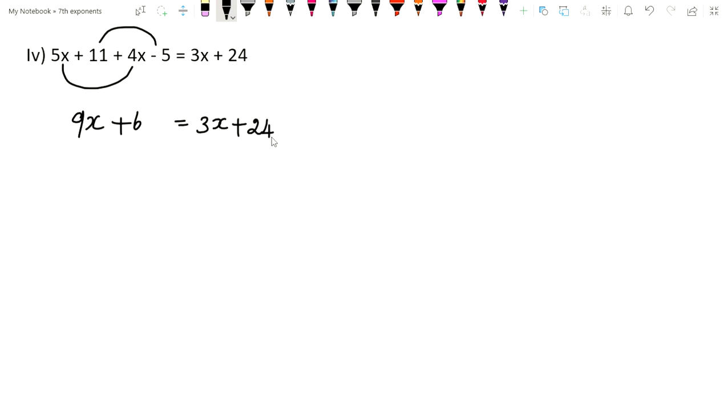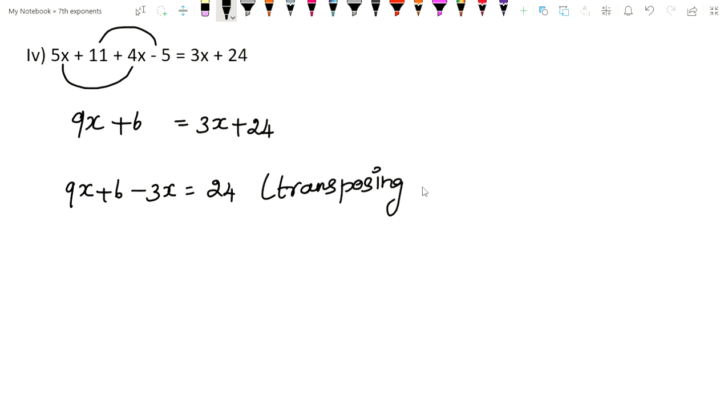Okay. Now what I am going to do, children? I am going to transpose 3x to the LHS. So 9x plus 6 minus 3x equal to 24. So transposing 3x to LHS.